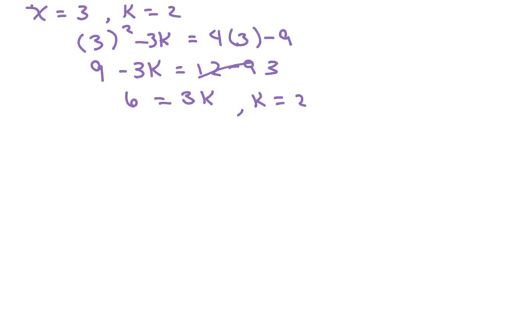Now for x equal negative 3, do the same thing, but plug in negative 3. This is going to turn out to be positive 3k equals 4 times negative 3 minus 9. And so simplify.